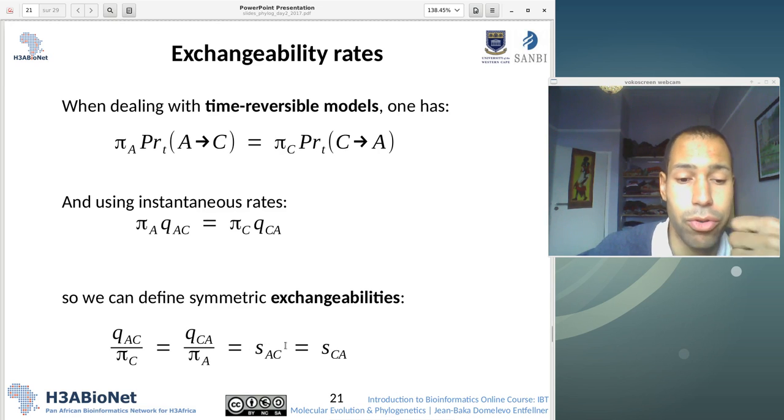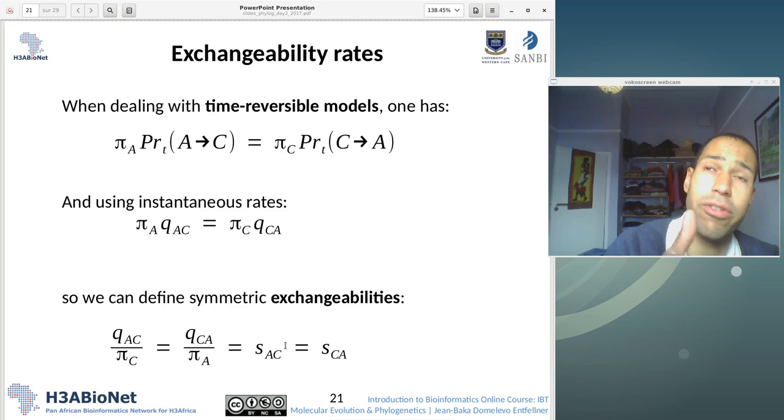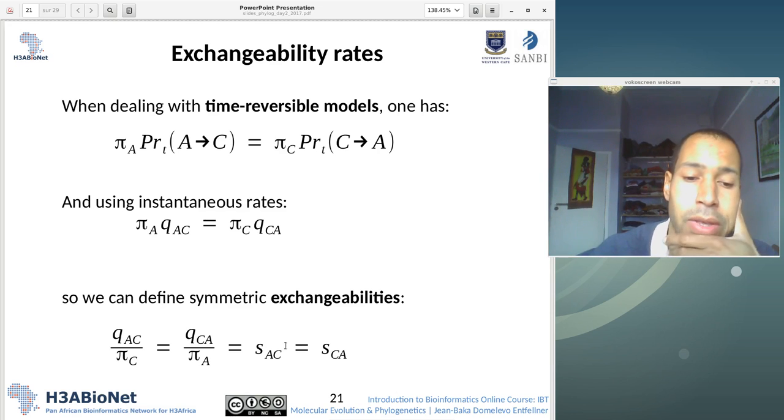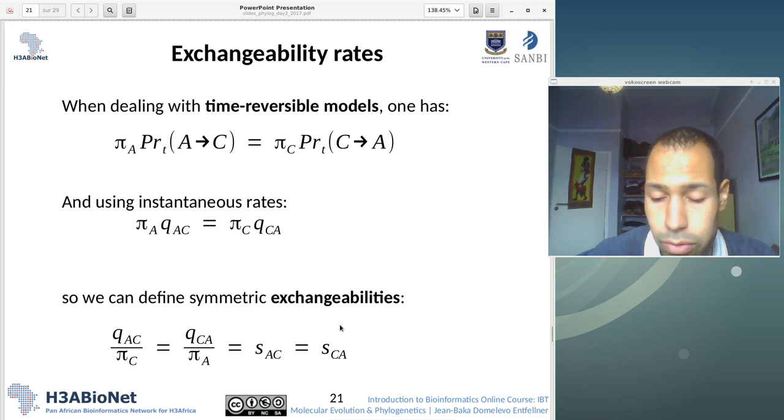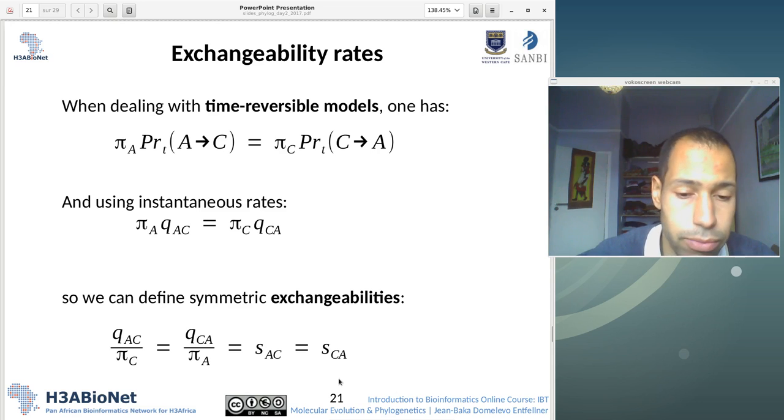Much fewer. You have the exchangeability between A and C, between A and G, between A and T, and then between C and G, between C and T, and finally between G and T. You have 6 of them. Okay, you give these exchangeabilities and you give the 4 equilibrium probabilities. So instead of having to give 16 parameters, you can give only 10 to describe your model. And we'll see that in fact you can give fewer than this.